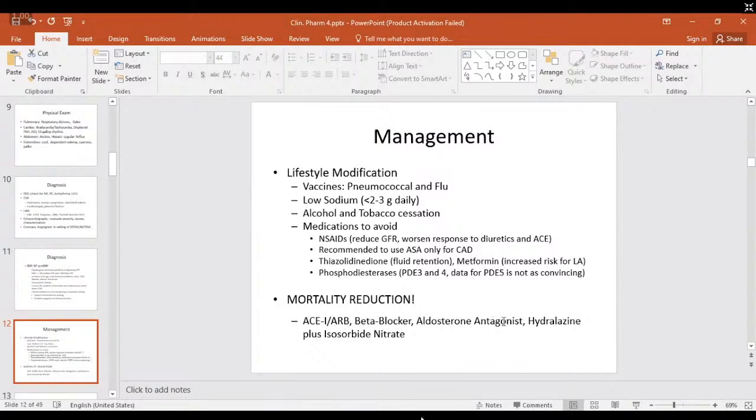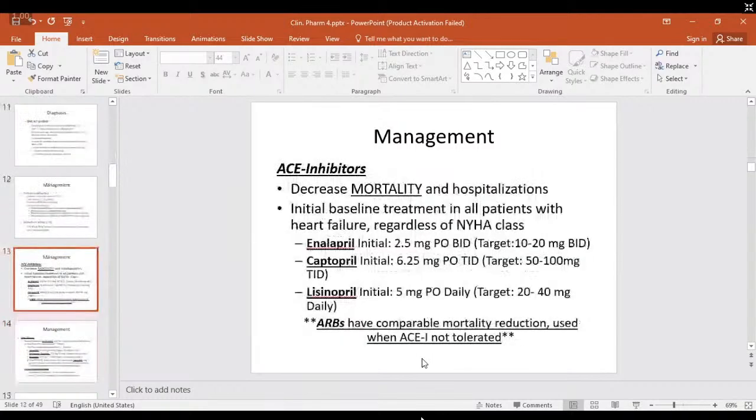Aldosterone antagonists or the potassium sparing diuretics like spironolactone, they're very important in patients with reduced ejection fraction especially, and hydralazine plus isosorbide nitrate in a specific group of patients. So let's start with each class more specifically.